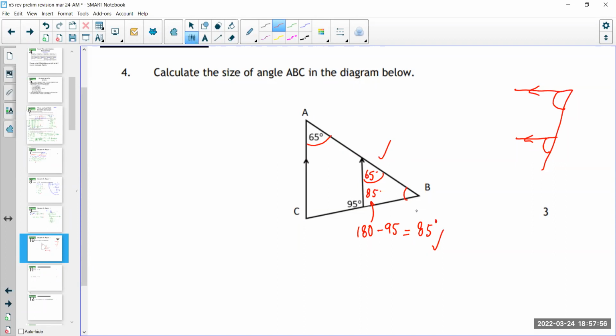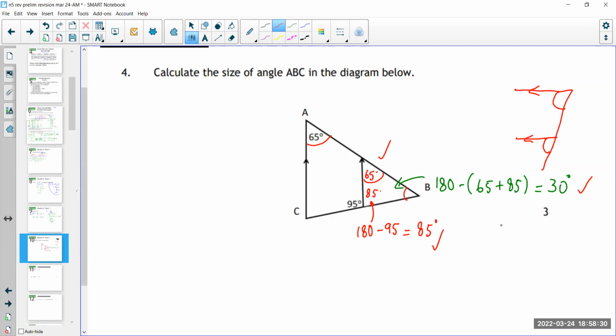All angles add up to what again on a triangle? So they all add up to 180. So your last angle here is just going to be 180 minus 65 plus 85. And that gives us 180 minus 130. And that is 30 degrees. Your third mark, which is what they ask you to find.